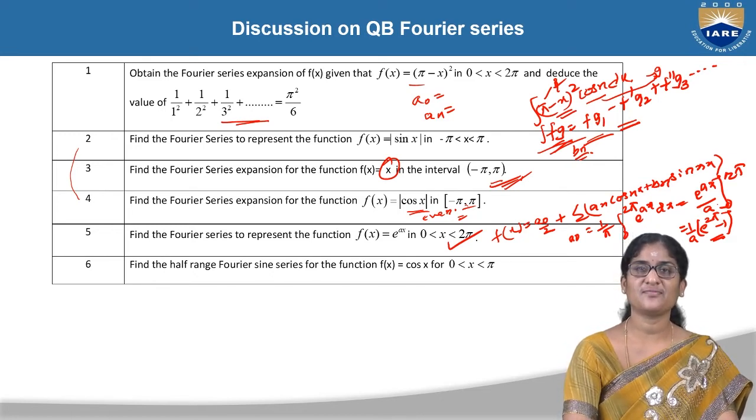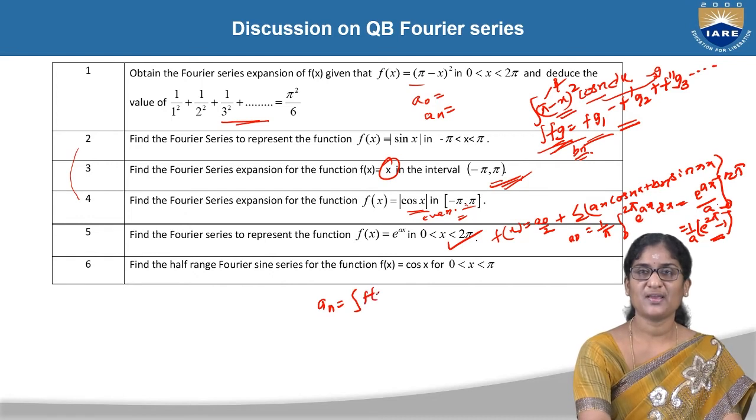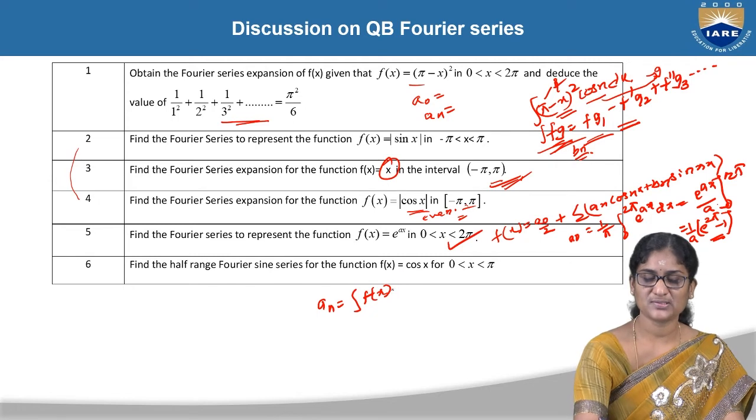How to find the second Fourier coefficient? It can be found by an is equal to 1 by pi integral of f of x into cos nx. Here f of x is nothing but e power ax.